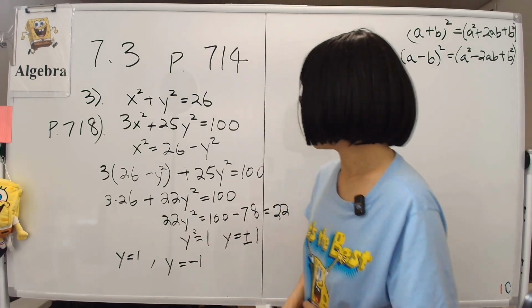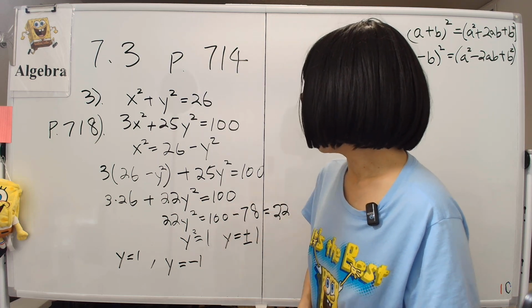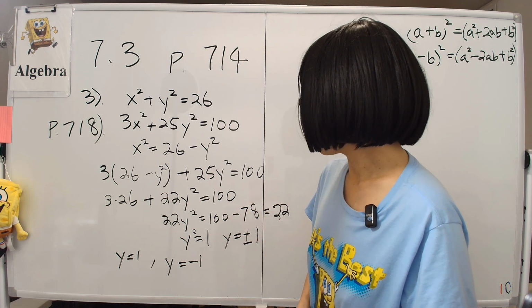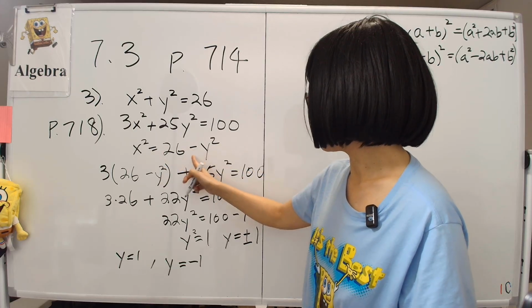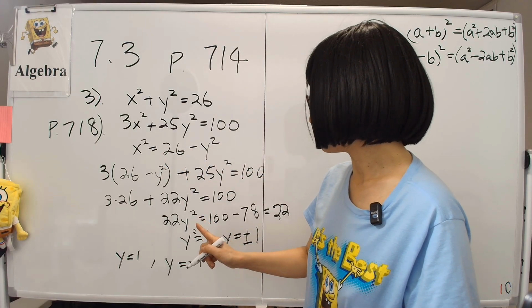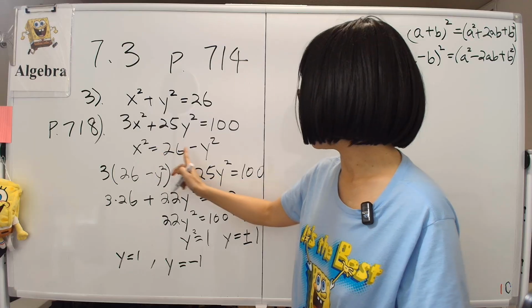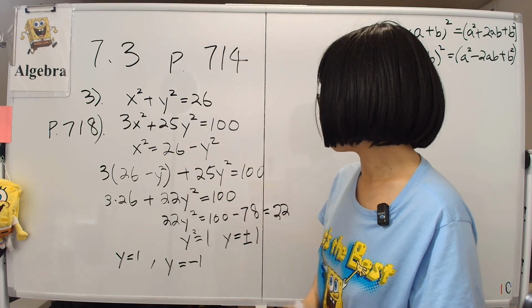Now if y equals positive 1 or negative 1, what is x then? Whether y is positive 1 or negative 1, x squared will be equal to 26 minus y squared.